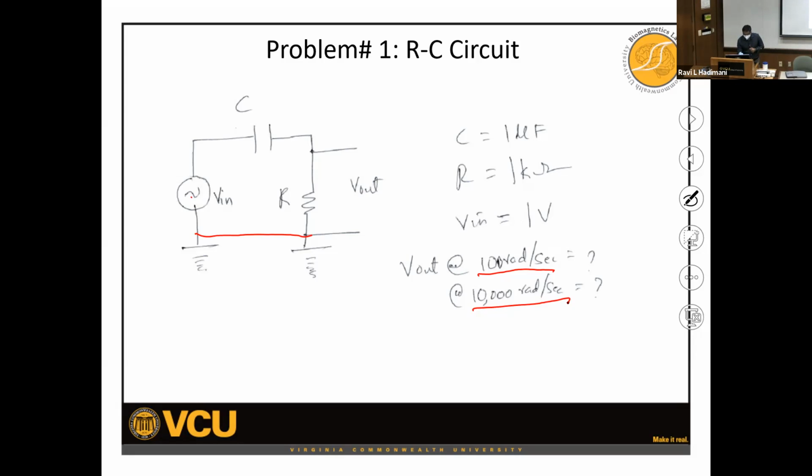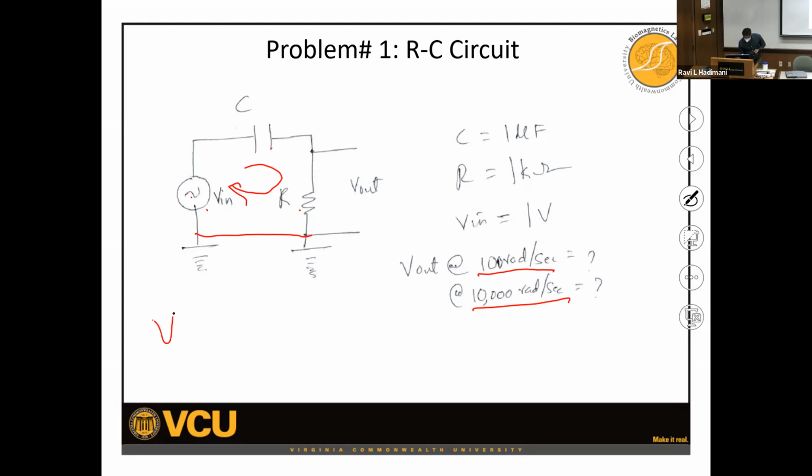So this is a simple loop, right? One loop. So we can use Kirchhoff's voltage law here. The voltage drop across this one plus this one minus this one should be equal to 0. Or you can use the voltage divider rule, right?